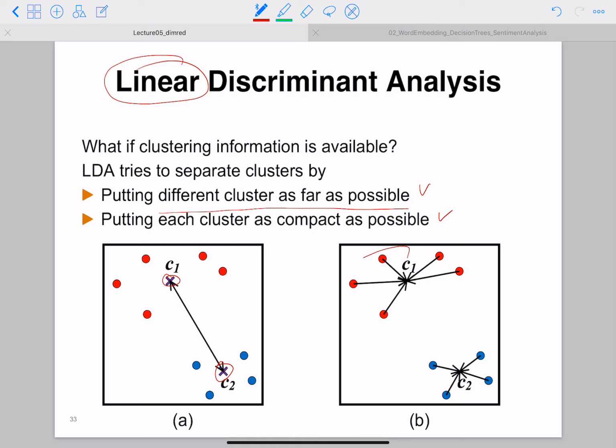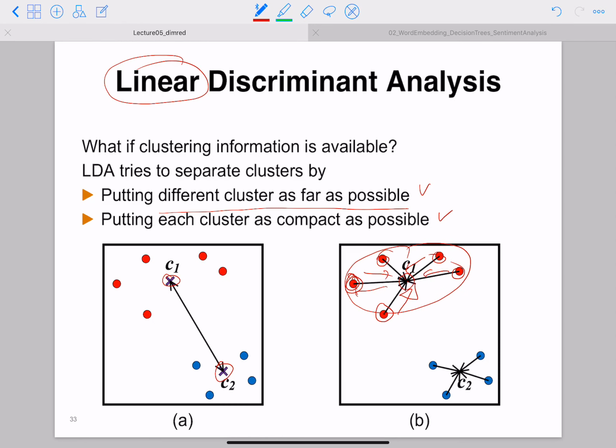And then within each cluster, it tries to make the data items belonging to a single class as compact as possible. That can be done by minimizing the distance between each point and its centroid. So we put those points as close as possible to the centroid. This process is done based on a linear transformation. We have a particular direction where we perform the orthogonal projection onto this axis, right?